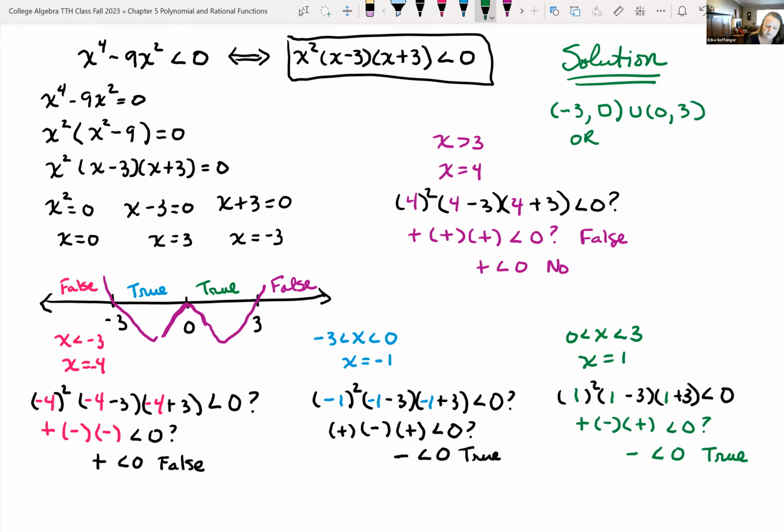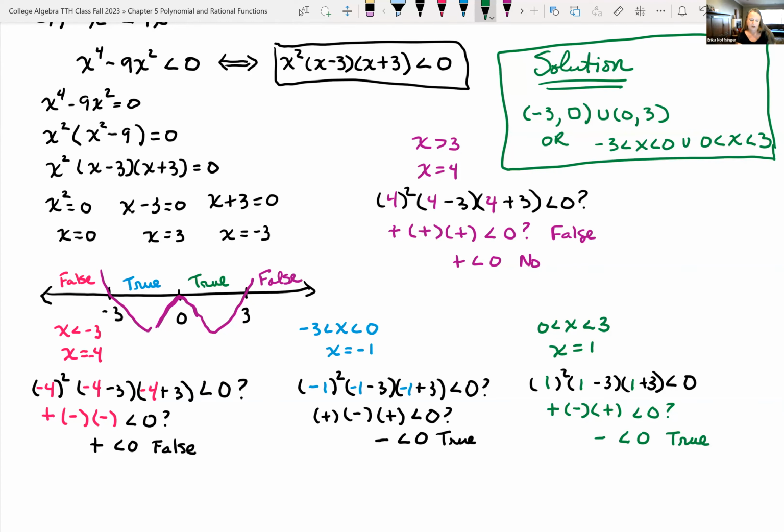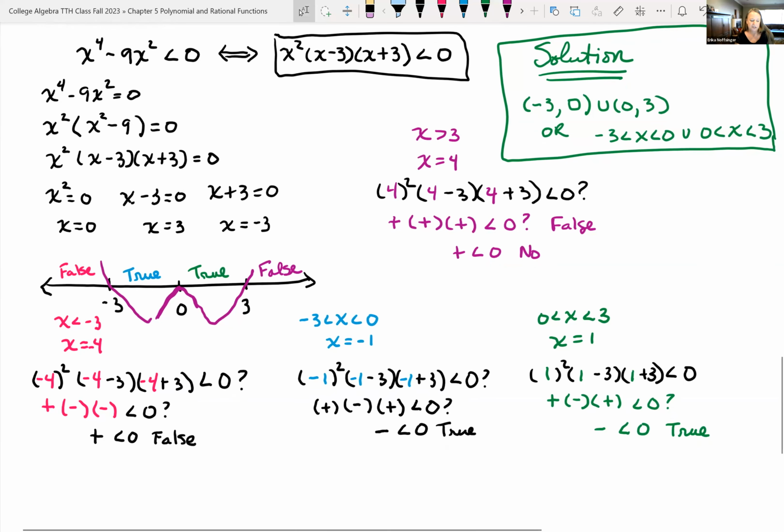Or we could have written that as -3 is less than x is less than 0, union 0 is less than x, which is less than 3. So we just solved that nonlinear inequality algebraically.